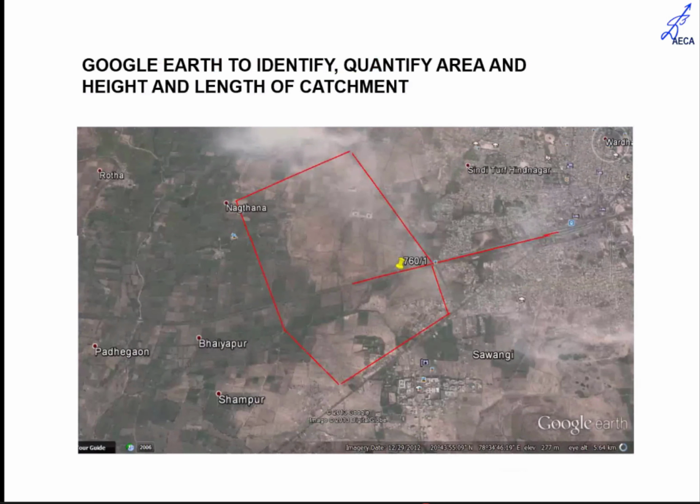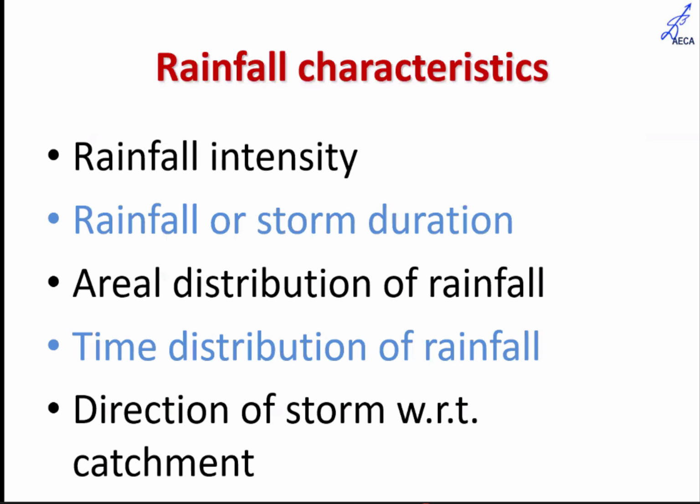We can use Google Earth also to identify catchments; it particularly helps with small catchments. You can use Google Earth to demarcate and delineate a catchment, as also to find out the difference between the highest point and the lowest point, or the outlet of the catchment, which is used for calculation of the time of concentration.